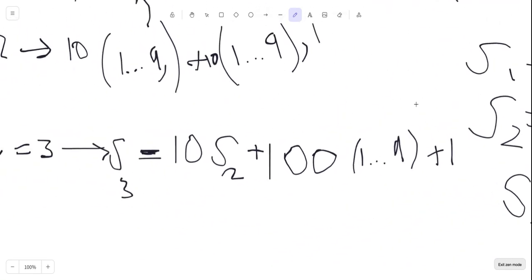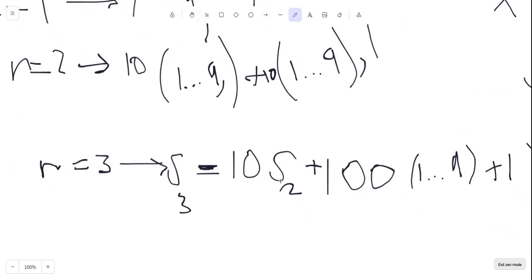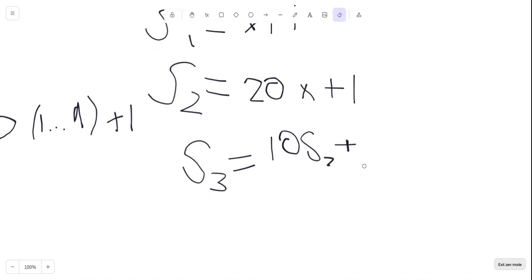That's true. Okay, for S3, we have S2 minus this 1.